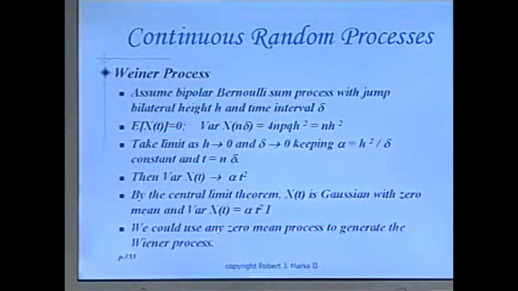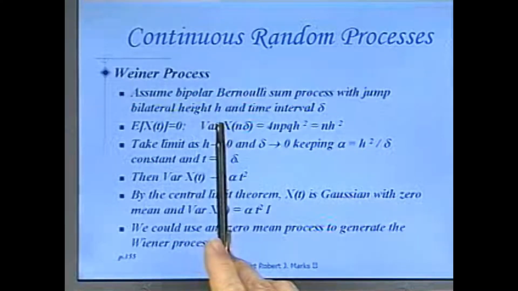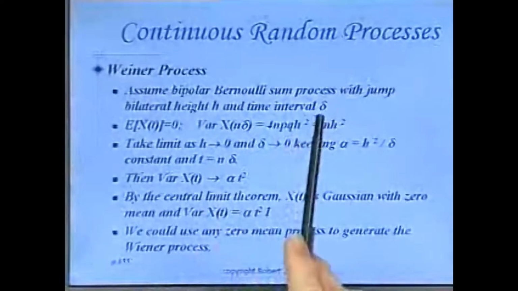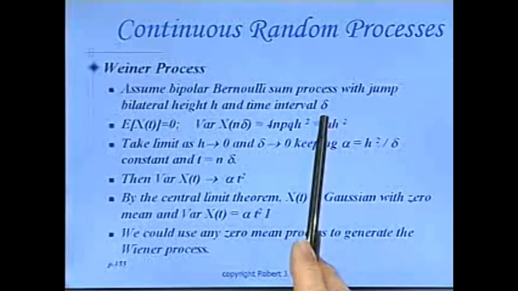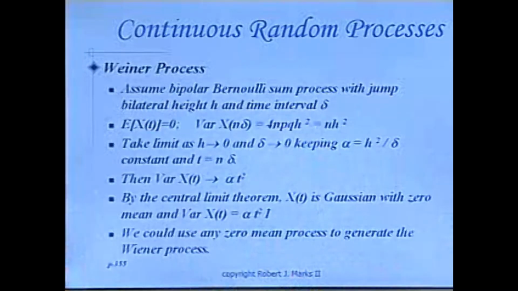If it's tails, we go one step to the left. So it's bipolar. It's +1, -1, as opposed to 1, 0. And the size of the step that we take is h, and the time interval at which we flip the coin is del. So we flip the coin every del seconds, and we take a step to the right or the left corresponding to h.